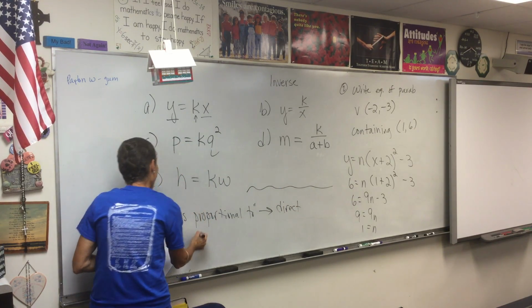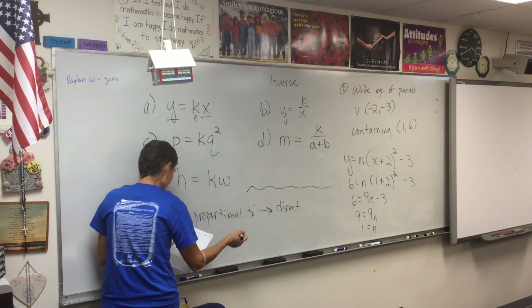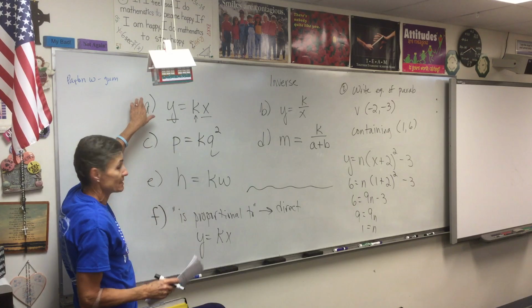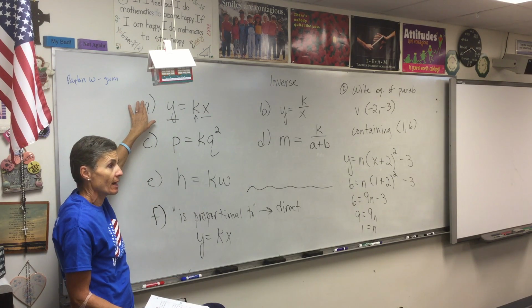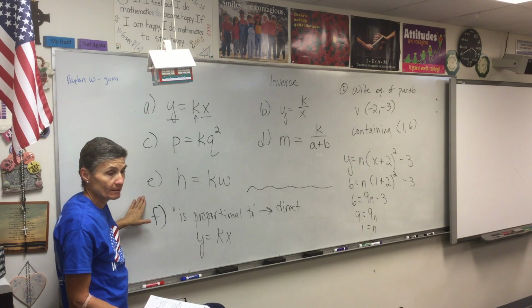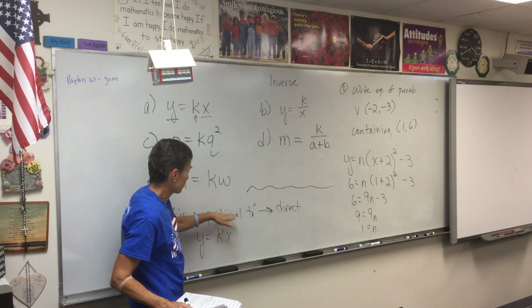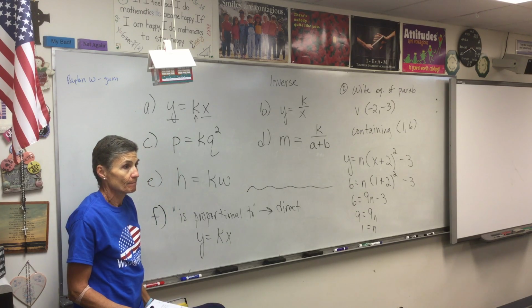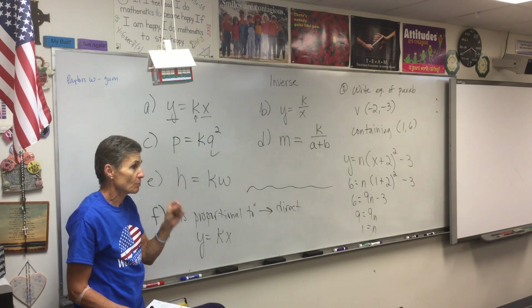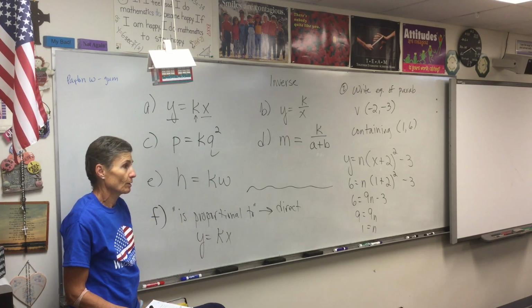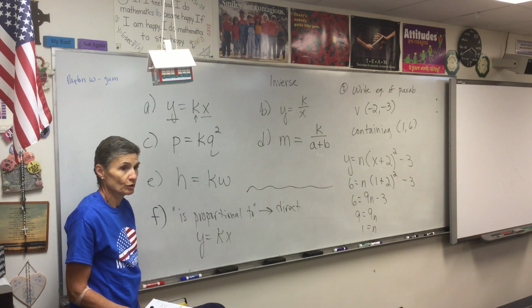So Y varies directly as X is proportional to X. The answer to F is exactly the same as the answer to A. It's two different ways of wording it. When you see "is proportional to," that means varies directly. You buy more bananas, you pay more money. You make more cookies, you use more flour. Is proportional to.